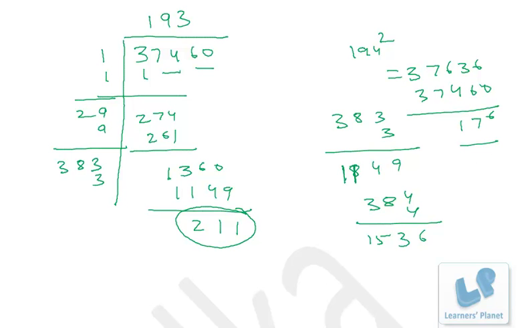So the difference is 176. That means if we add 176 to this number, the resulting will be a perfect square number, and the square root of that number will be 194. Okay, so if you have to subtract, this should be subtracted, and if we have to add, we have to add 176. In both the cases the number will be converted to perfect square number. Okay, I hope you are getting me.